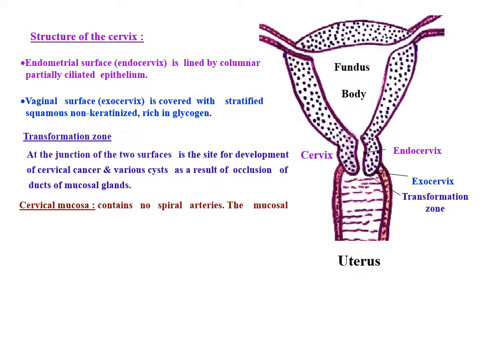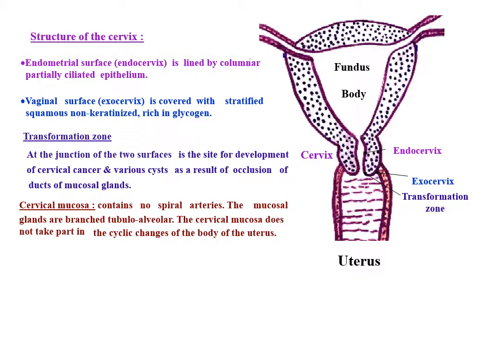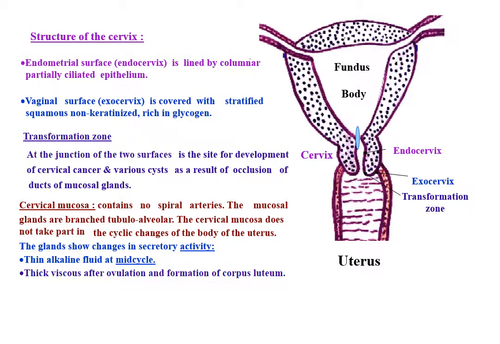Cervical mucosa contains no spiral arteries. The mucosal glands are branched tubulo-alveolar. The mucosa of the cervix does not take part in the cyclic changes of the body of the uterus during the menstrual cycle, but there are only changes in the secretory activity, from thin alkaline fluid at the mid-menstrual cycle to more thick and viscous fluid after ovulation.